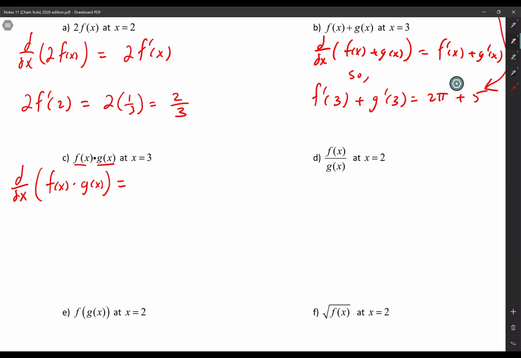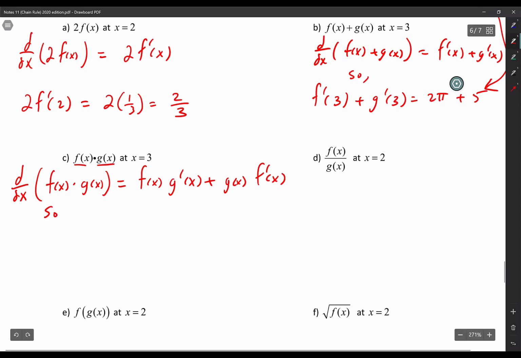All right. What rule do I got to use on this one? Yeah, the product rule: first f of x times the derivative of the second, plus the second times the derivative of the first. Now I'm just going to plug in. So I've got to put the word so in there because now I'm evaluating it at 3.